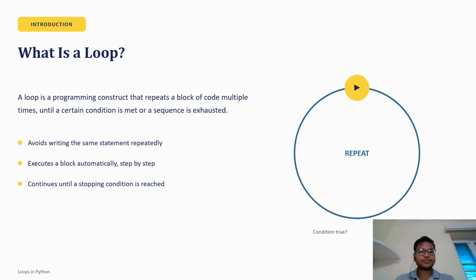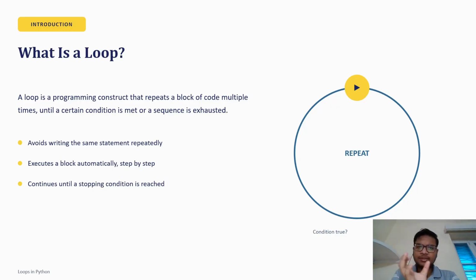So, introduction: what is a loop? A loop is a programming construct that repeats a block of code multiple times, until a certain condition is met or a sequence is exhausted. Just think, what does loop mean?